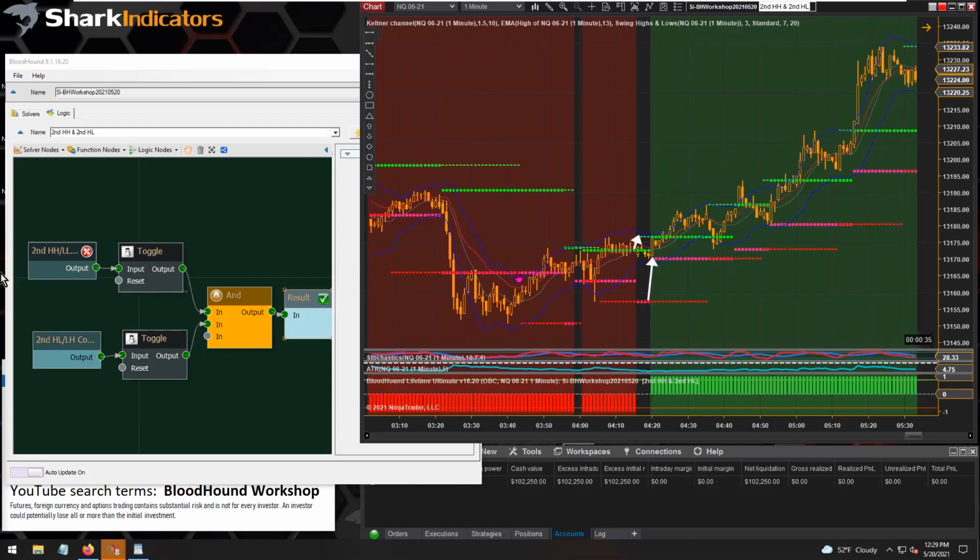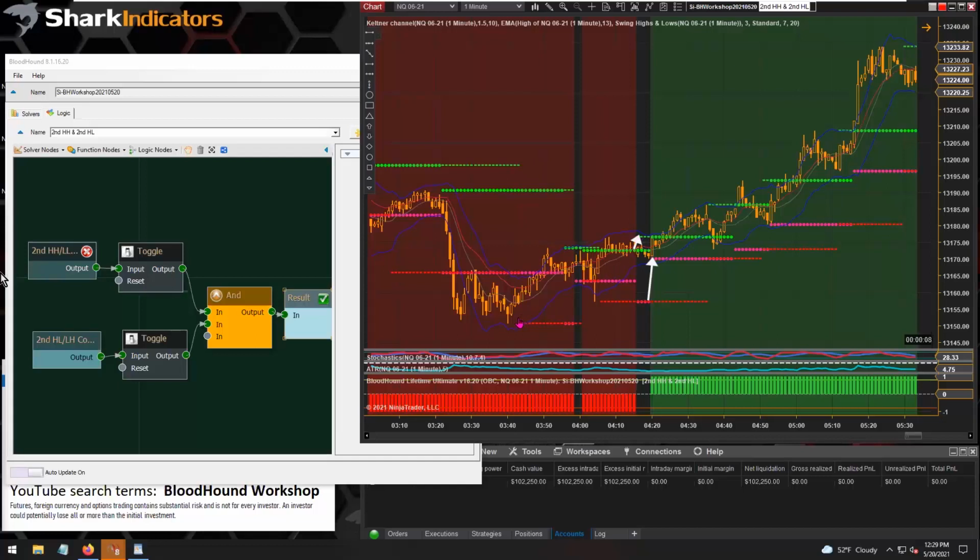Mainly it's because the swing high low indicator is really doing the vast majority of the work for us. All we had to do was detect that high stepping up, and in order for the high to step up, you had to have a previous high point to step up to a new higher high point.